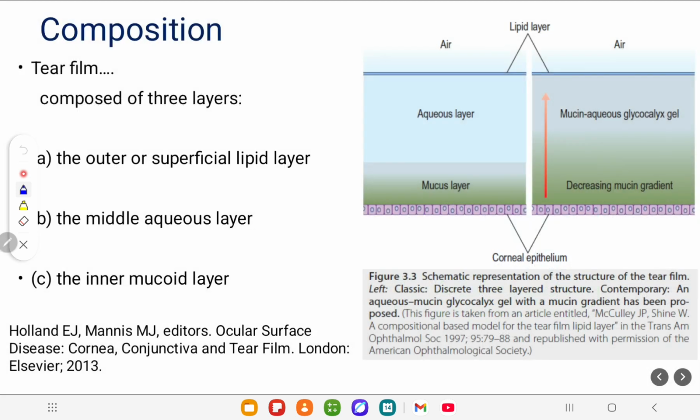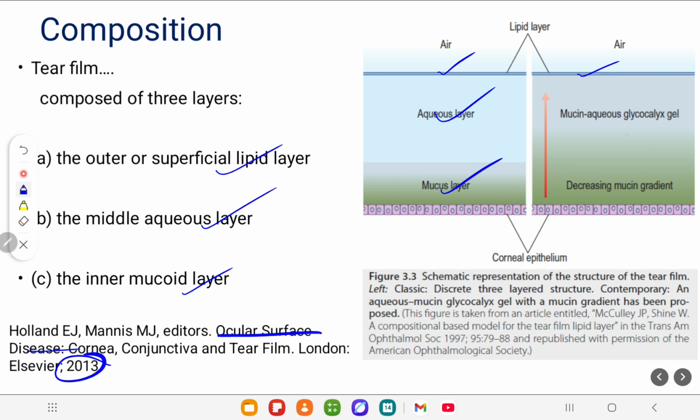So what do you mean by that? The tear film is composed of three layers: the outer superficial lipid layer, the middle aqueous layer, and the inner mucin layer. This picture I have taken from this book on ocular surface diseases. So one concept is this is lipid, this is aqueous, and this is the mucin layer. The other concept is that this is the lipid layer, and the second layer is a mixed mucin and aqueous layer.